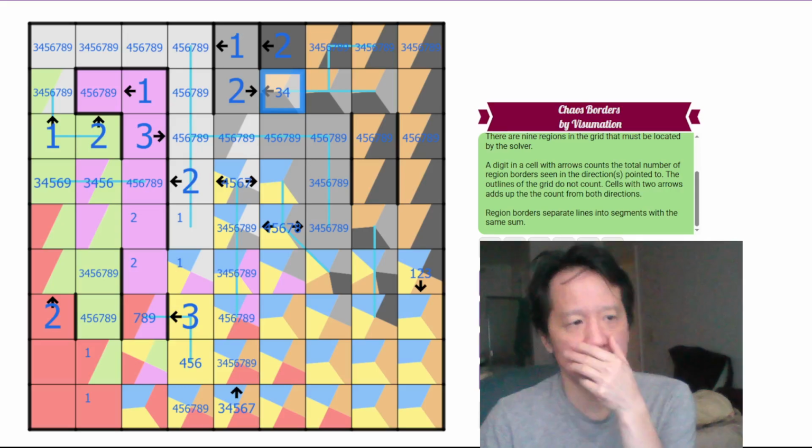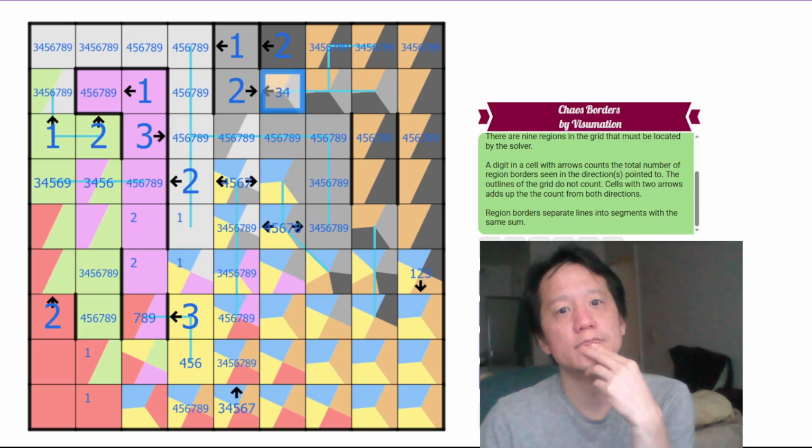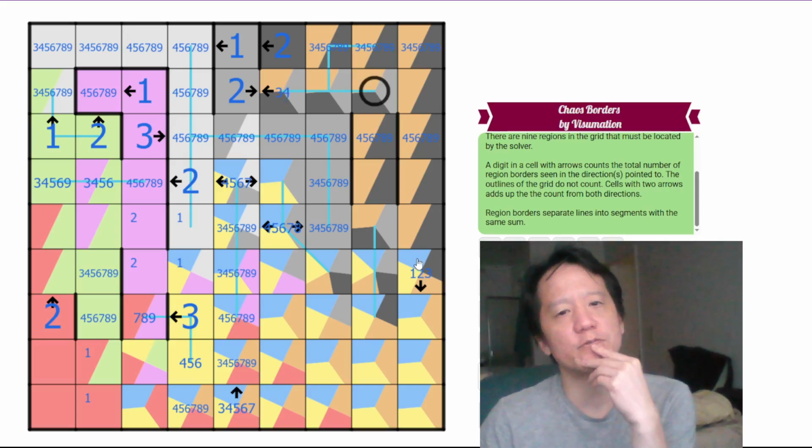Yeah, that seems feasible. Wait, hold up. No. This is medium. There's no boundaries here. That would force this to be boundary, boundary. Right, so this can... Okay. This can never be medium.